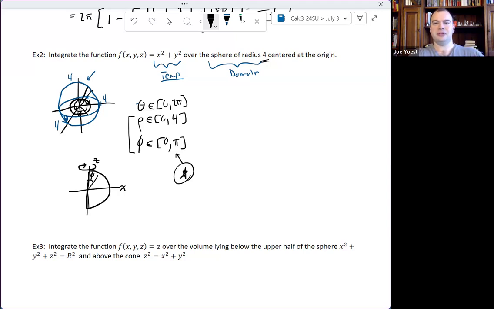Okay, but now that we do have this, we're integrating this integrand over this region. Again, of course, a sphere is a, quote, rectangular region in spherical coordinates, so that works pretty nicely.